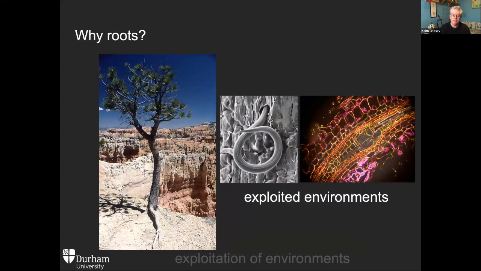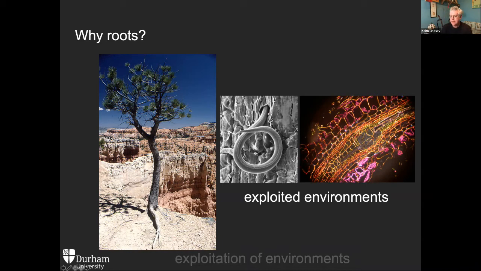As well as roots being important for exploiting the environment, they are also themselves exploited, in this case by parasitic nematodes, which invade the roots of a number of species. They usually work their way between the cells to cause minimum damage, so the plant can't activate a kind of immune response.